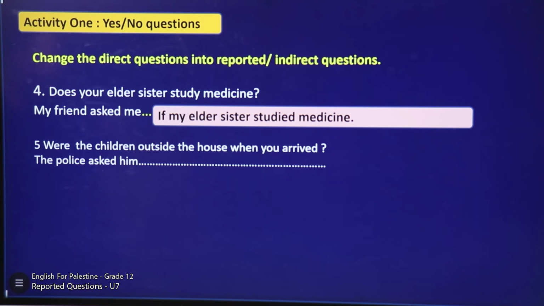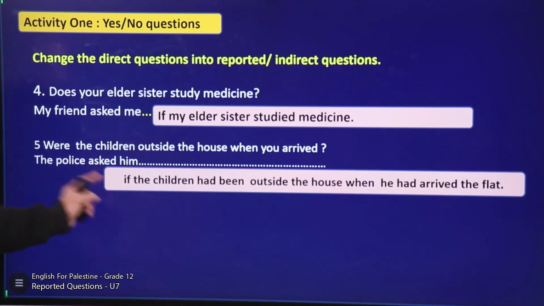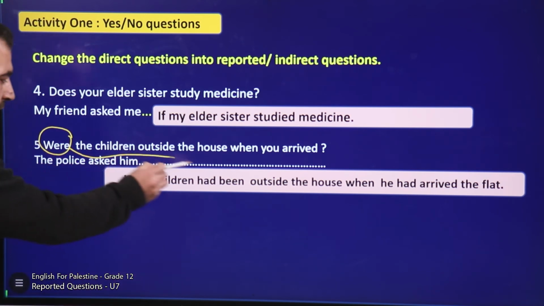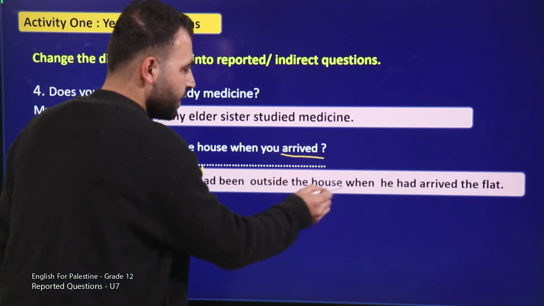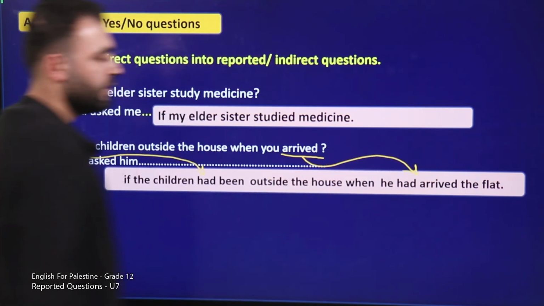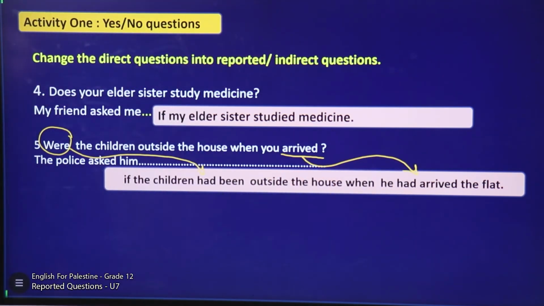Have you done it correctly? Let's check up. If the children had been outside the house when he had arrived at the flat, for example.